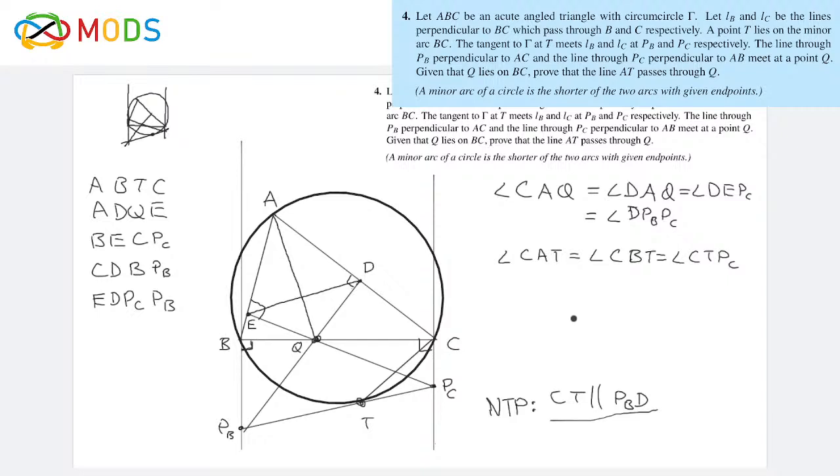The condition is also equivalent to CBT similar to PCPBQ. Wait, which one is it? CBT similar to PCPBQ.